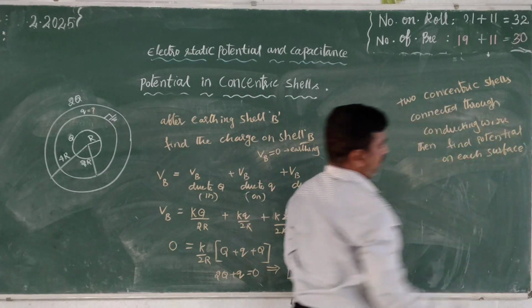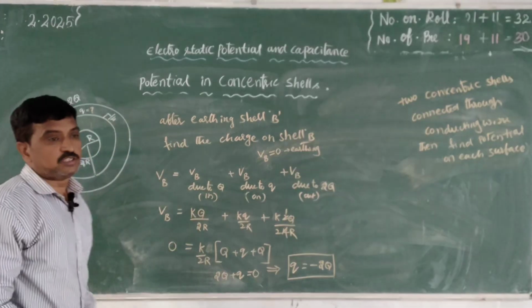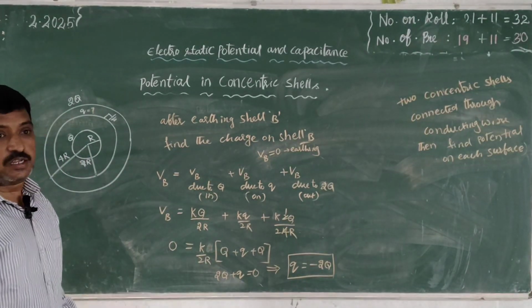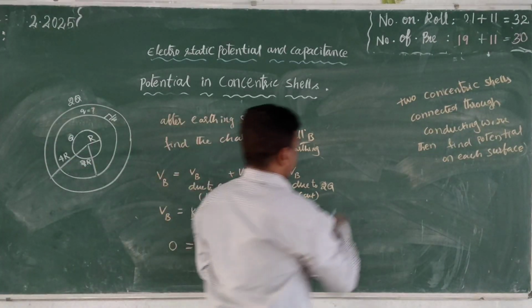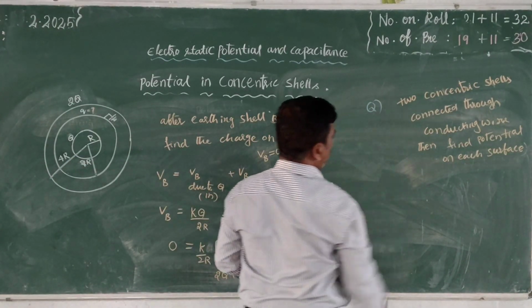We want to find out what is the potential on each surface after connecting the two cells with a conducting wire. So that is the problem. We solve this one.